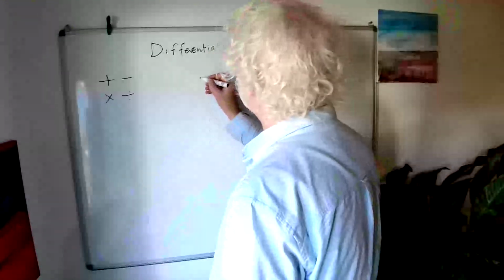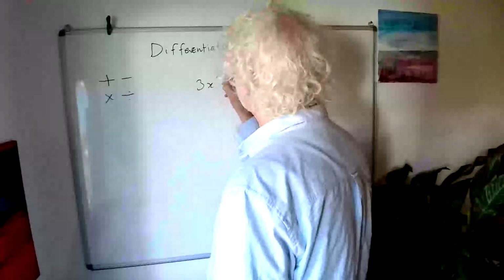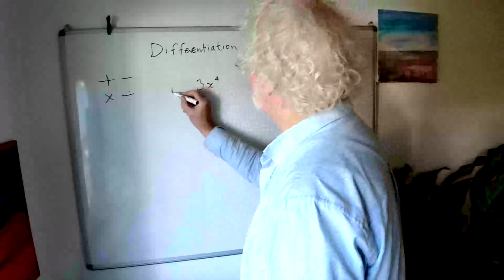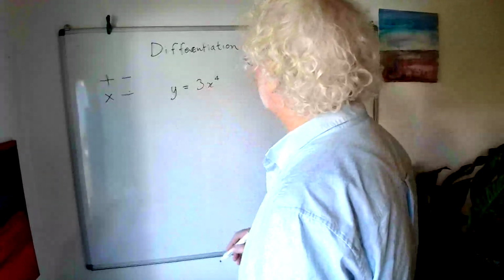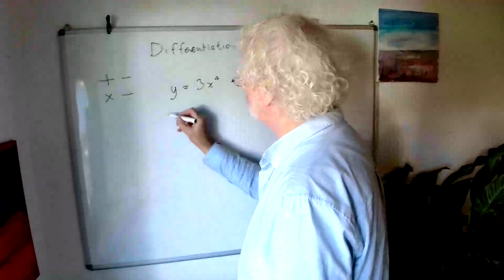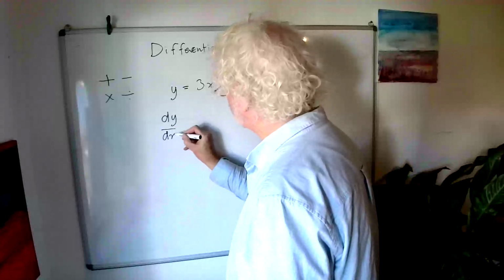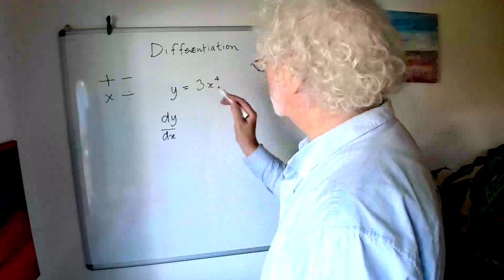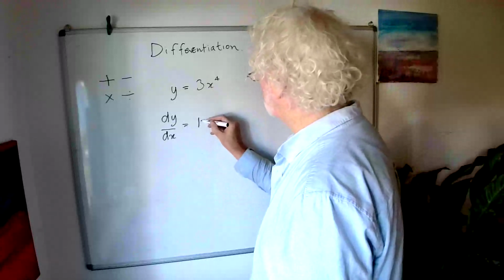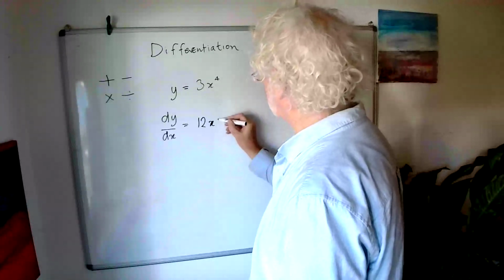So for instance, if you have y equals 3x to the power 4, when you differentiate this you get dy by dx, it's a funny thing, isn't it, equals 4 times 3 is 12x, and then you take 1 off this 4 and you get 3.